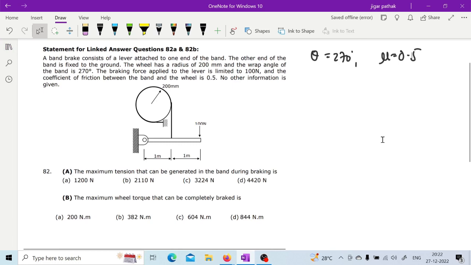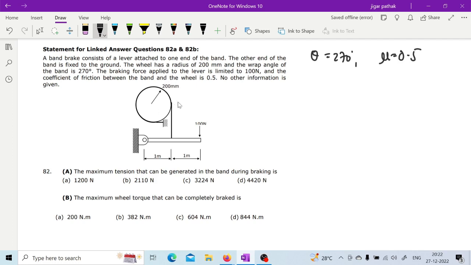So the maximum tension. Sir, in which direction is the drum moving? One second. They have not provided any information, I guess.